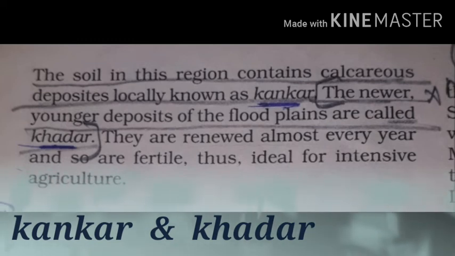So we understand that the northern plain is dominated by rivers and their tributaries and distributaries, and the minerals which they carry from the Himalayas range to the lower plains, where it is good for agriculture. Because there is agricultural land, it is highly populated, full of fertility and productivity.